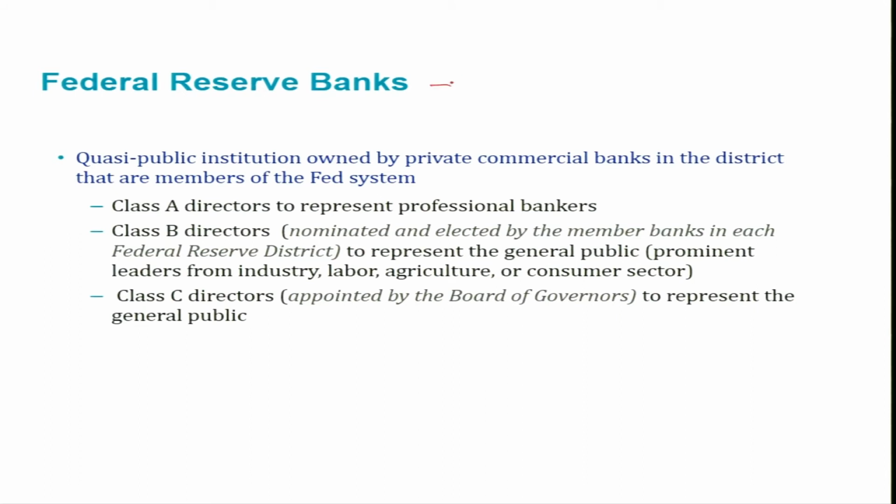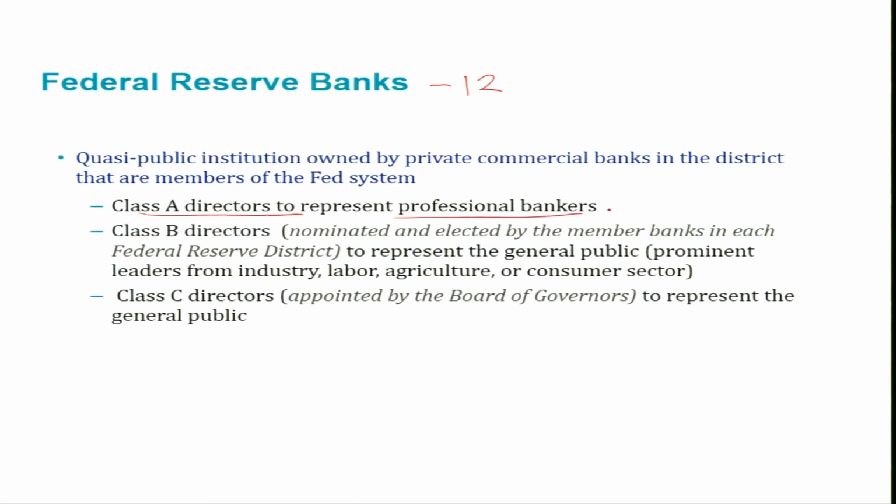So overall, as I said, the structure of the Federal Reserve Banks has 12 FRBs. Each of these FRBs is a quasi-public institution owned by private commercial banks in the district that are members of the Fed system. On the board, there are class A directors to represent the professional bankers.